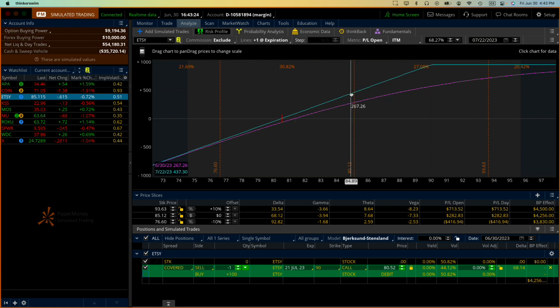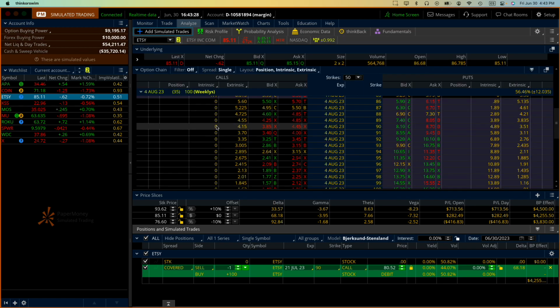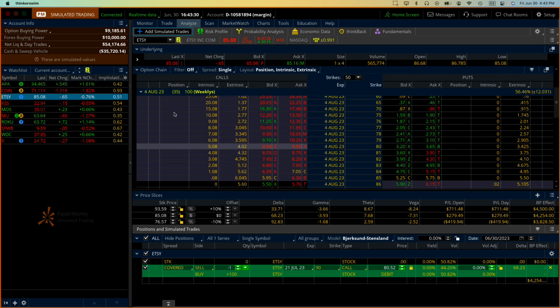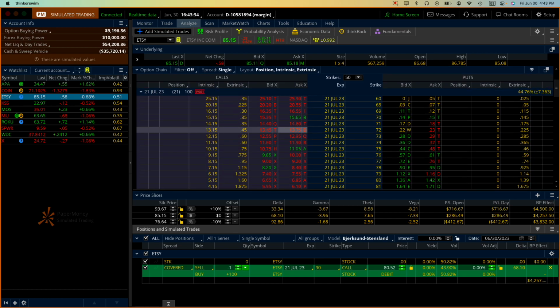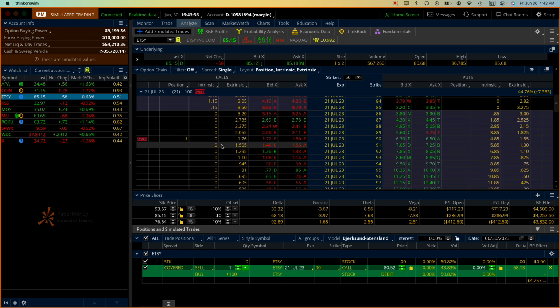So we need to see what the price of the option we sold is right now, the extrinsic value of it. And here this is July, and let's look at the extrinsic value, and here it is, $1.76.